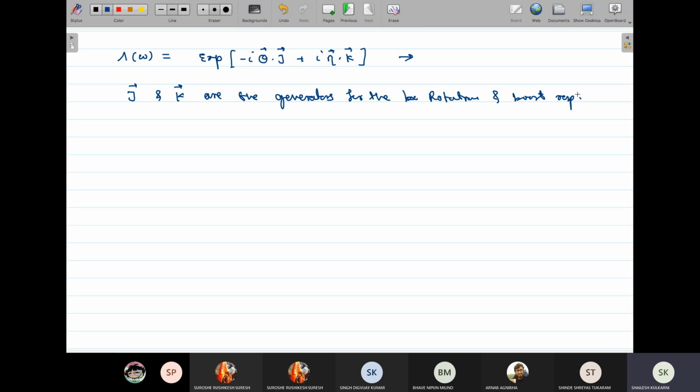So there are 3 generators for rotation and 3 for boosts. In all, we have 6.